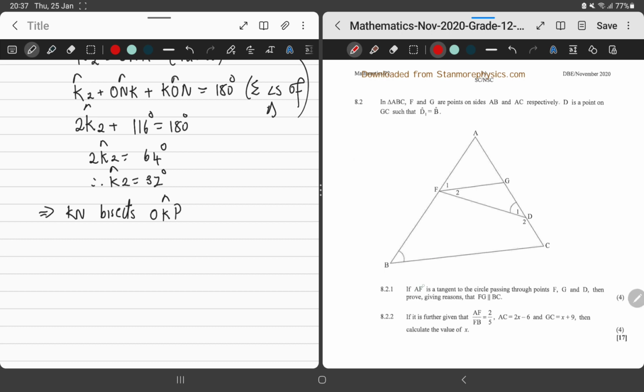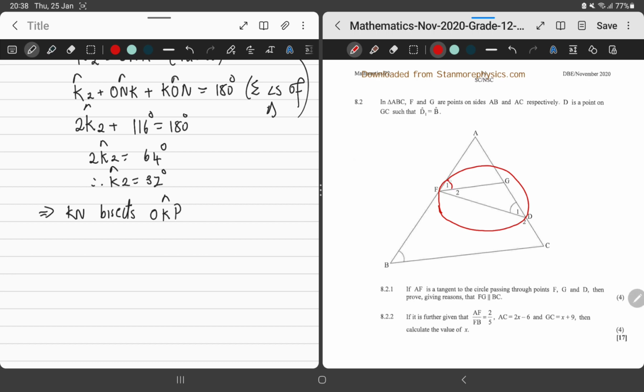If AF is a tangent to the circle passing through points F, G, D, so we have a circle that passes through those points, then prove, giving reasons, that FG is parallel to BC.